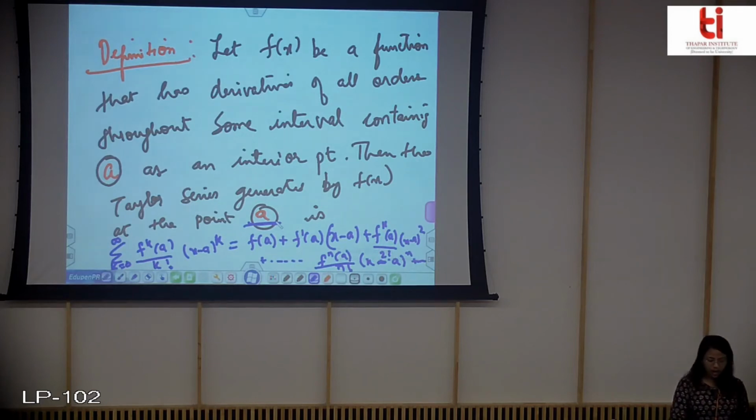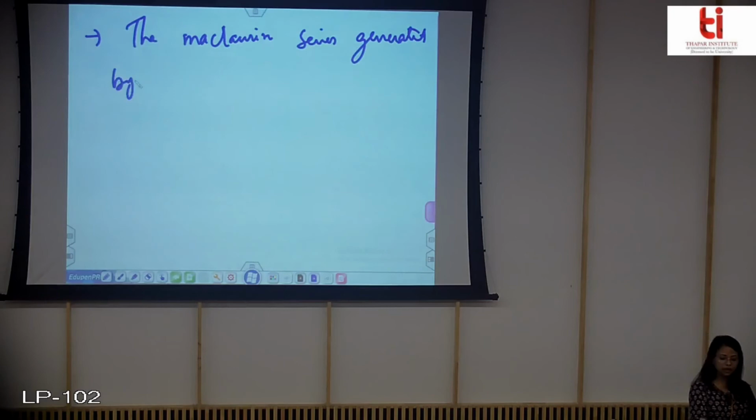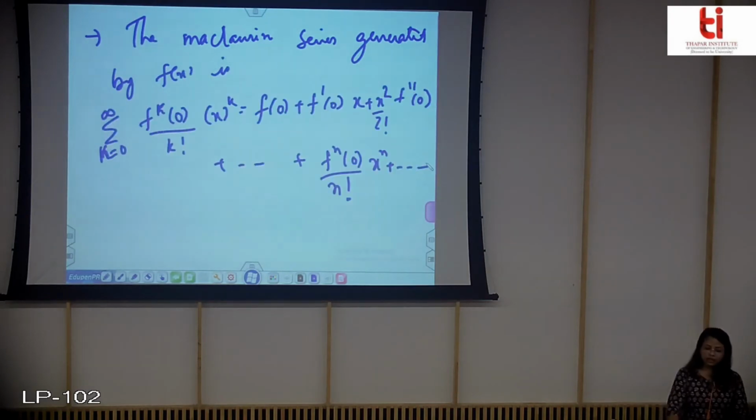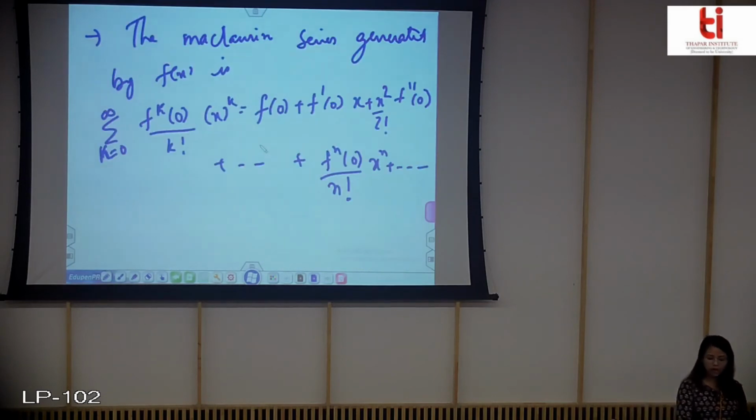and the Maclaurin series generated by f(x) is given by this. So you can clearly see that if you find the Taylor series around x is equal to 0, the series obtained is called a Maclaurin series.